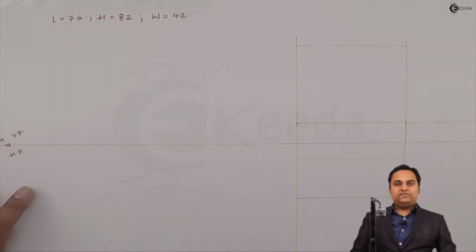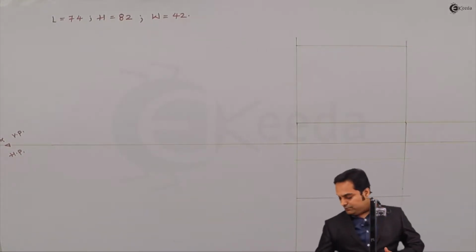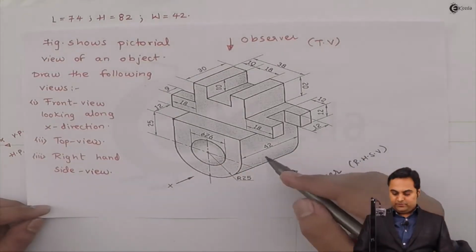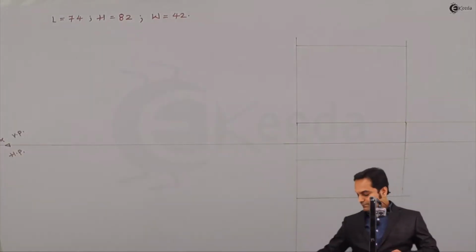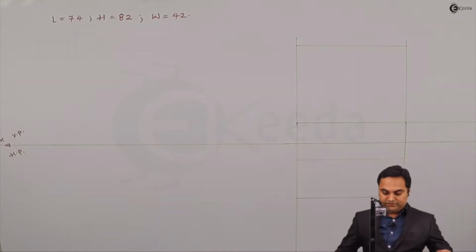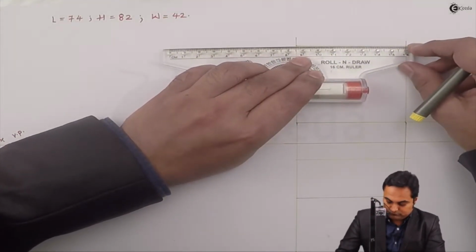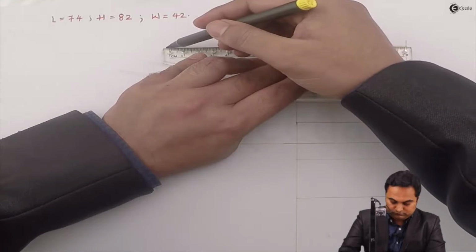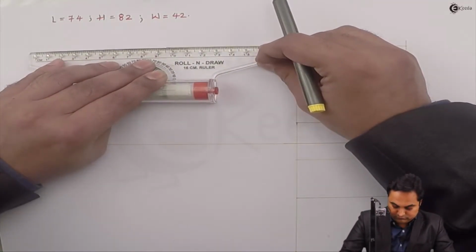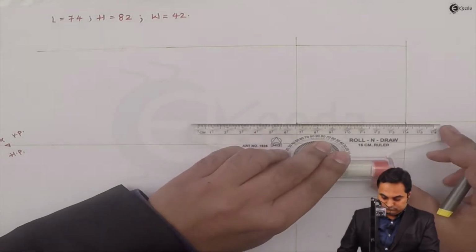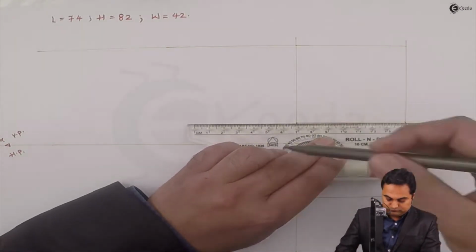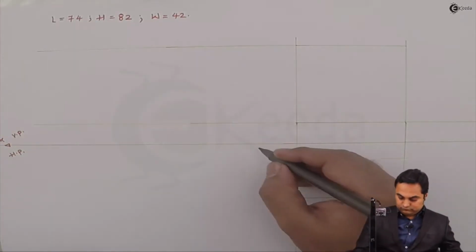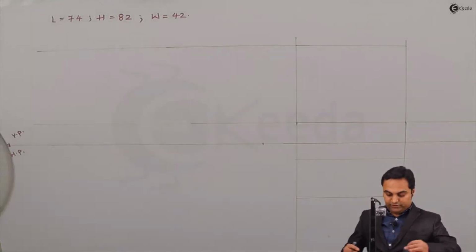Then for the side view, that is as an observer onto the right hand side, the length of the object is not visible, but width and height is there. So height I can get from the front view. Then I'm drawing a 45-degree line.